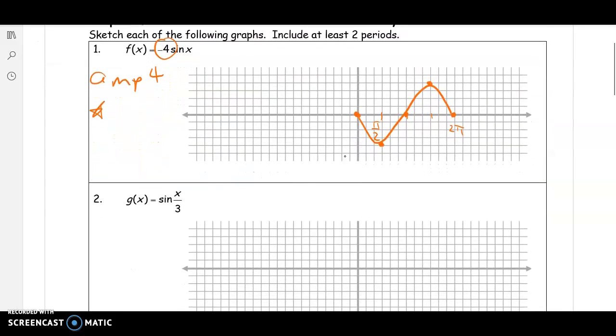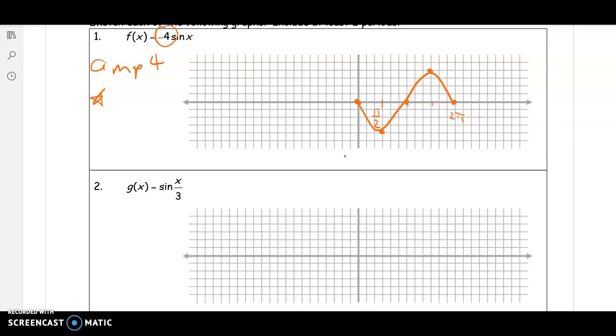All right, number 2, a little more challenging, sine of x over 3. That is the same thing as saying the sine of 1/3 x, if there is no vertical shift or phase shift. Sometimes your book neglects the parentheses. Which of the 4 changes is this?